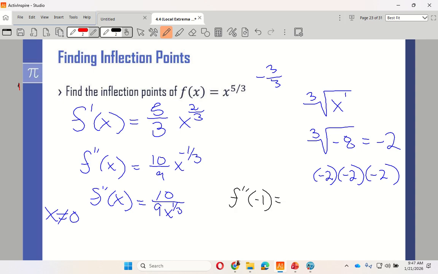What's the cube root of -1? It's -1. -1 times 9. So I have 10 divided by -9.